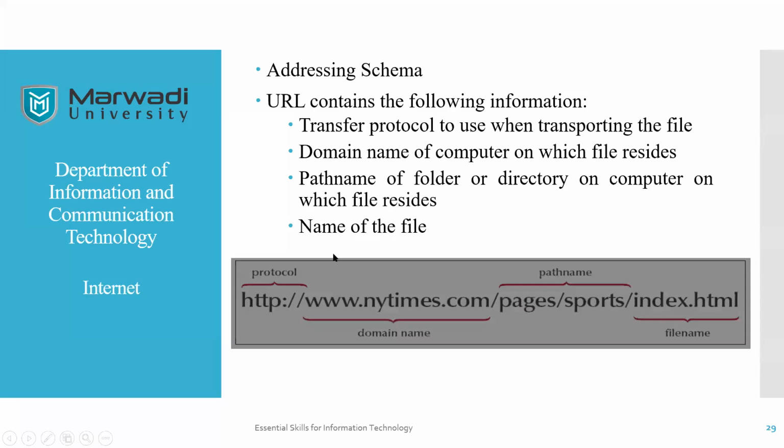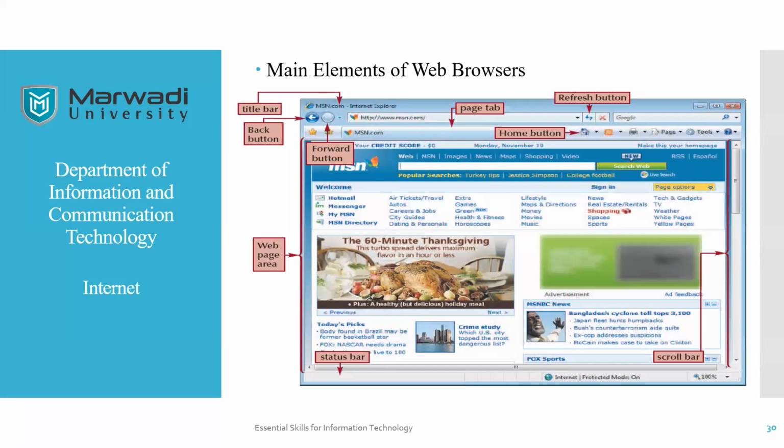So I hope everyone is clear about the domain name. Yes, so this is the main element of a web browser. Okay, so first of all, in the first line, it is called a title bar. Then second, which is not mentioned here, but you can say this is the URL.